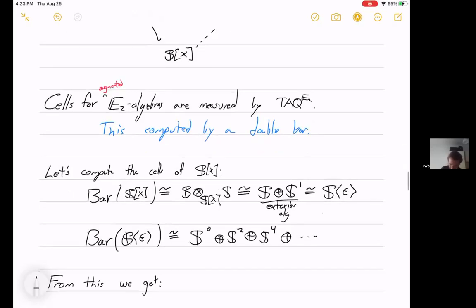Then each of these spheres at this end stage, the 0th one will be in grading 0, the S2 will be in grading 1, and the S4 will be in grading 2. Because each cell is in its own separate grading, they can't be attached at all, so it just has to be a sum. To check that in each grading we get one sphere, I can do that on F2 homology, because it's easy to see these things are connective. At that point, you just need to know the F2 homology is rank 1, or the Z homology is rank 1. Then, by base change, that reduces us to taking the bar of an exterior algebra in the most classical sense.